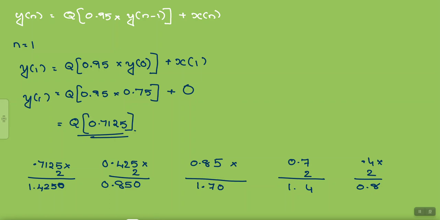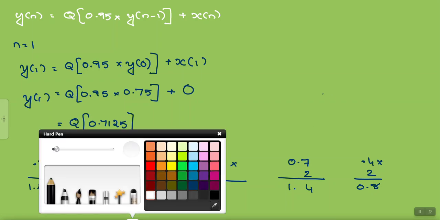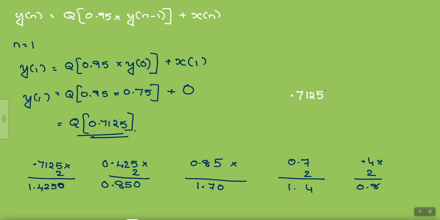So 0.7125 to the base 10 can be represented as 0.10110 to the base 2.